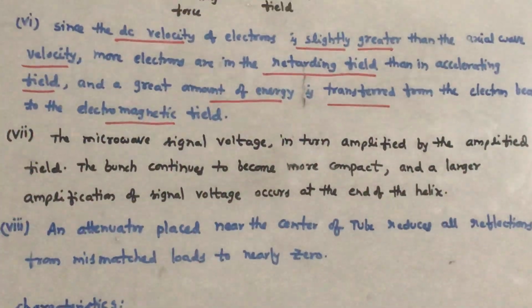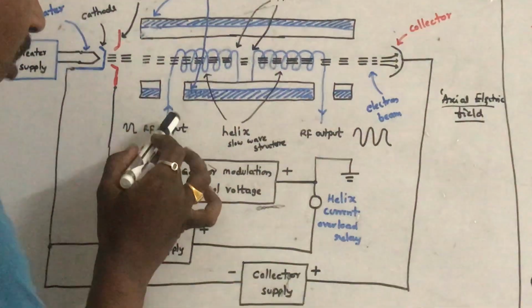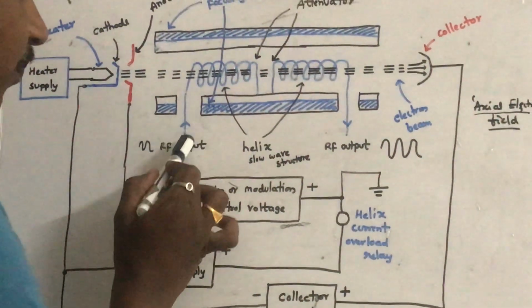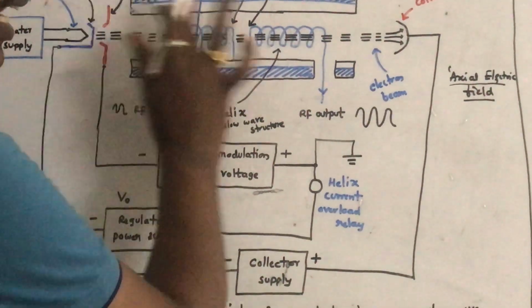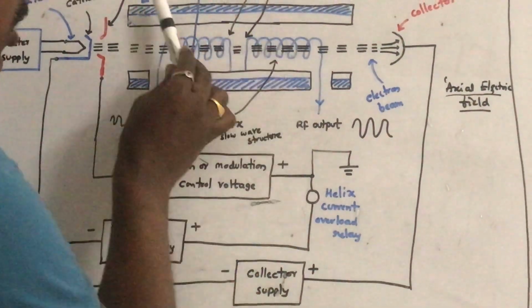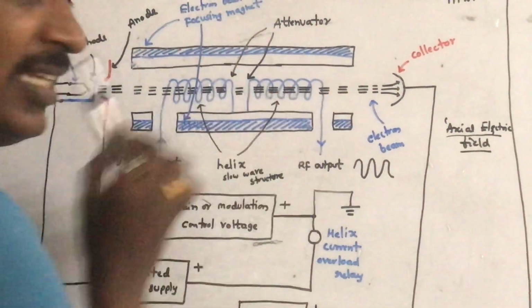I will explain in short in this diagram. In short, remember these points. The RF input goes through the helix and creates an axial electric field, which is shown in the diagram. The electron beam travels through this axial electric field.